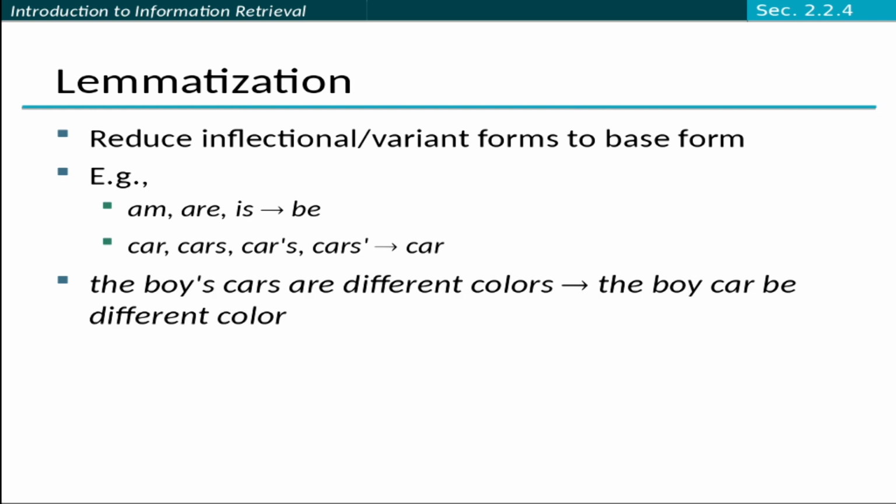An example of lemmatization: the boy's cars are different colors is mapped into the boy car be different color. Why is this an advantage? Because it allows you to reduce the number of terms and in a way maintain the semantics of the original phrase, except in some cases related to time, as in this particular case.